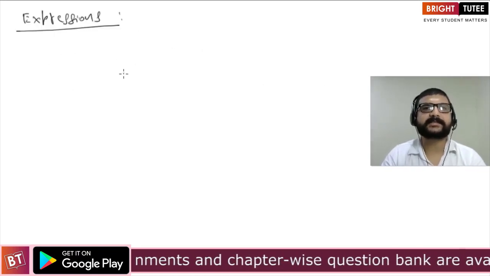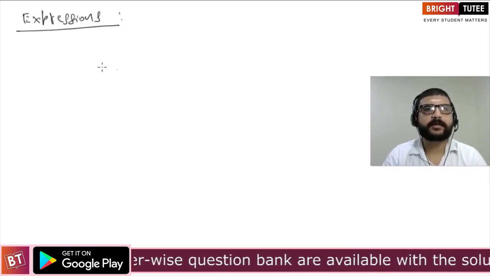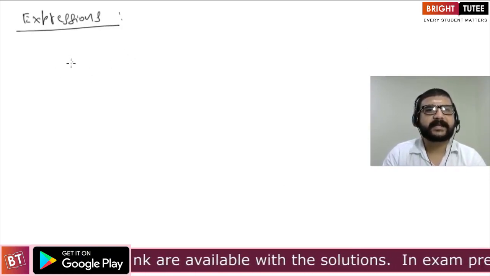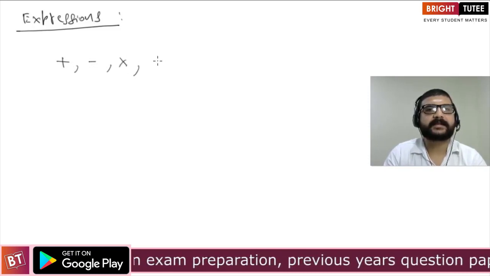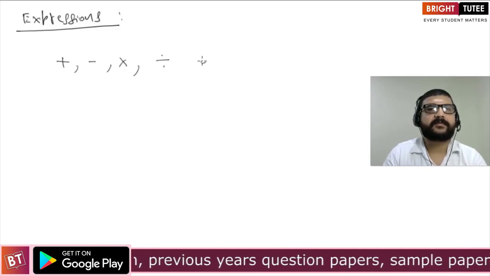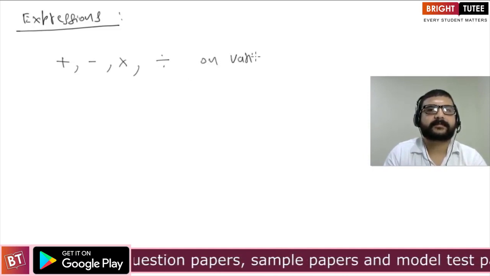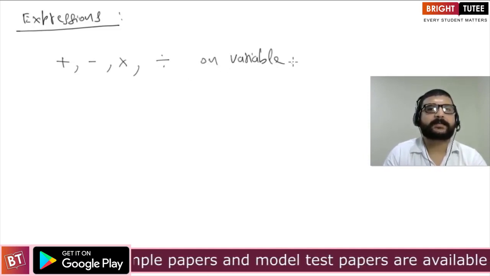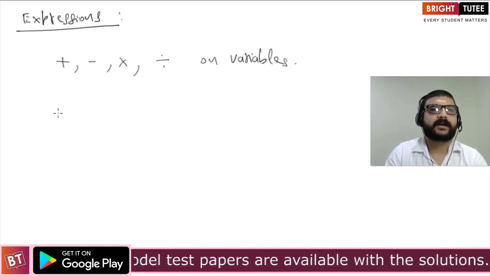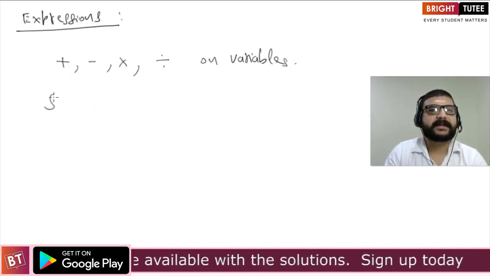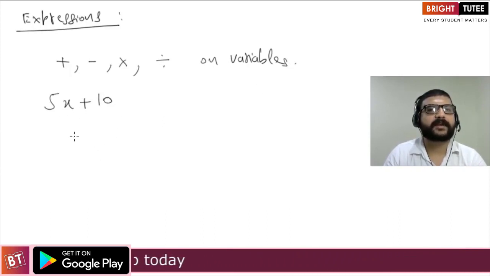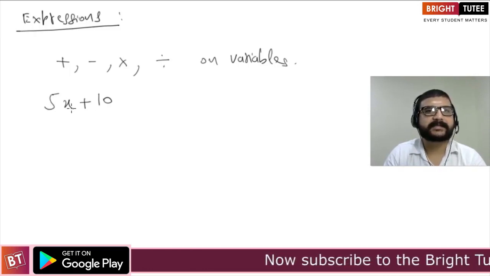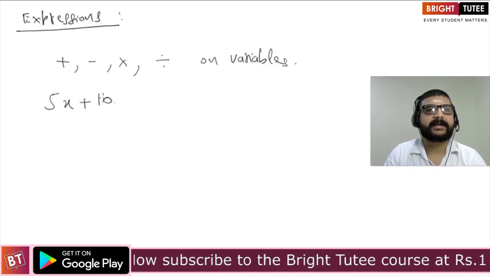So basically we can say that expressions are formed by performing operations like addition, subtraction, multiplication and division on variables. For example, let's take the expression 5x plus 10. Here, first we multiplied 5 with the variable x and then we added 10 to it.